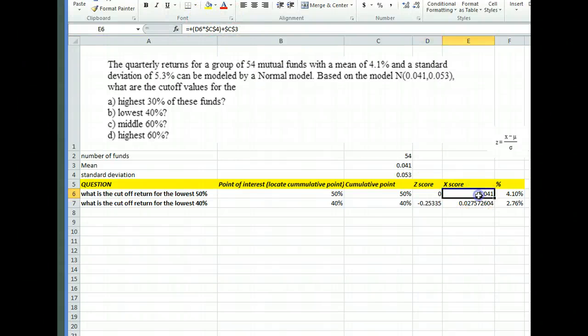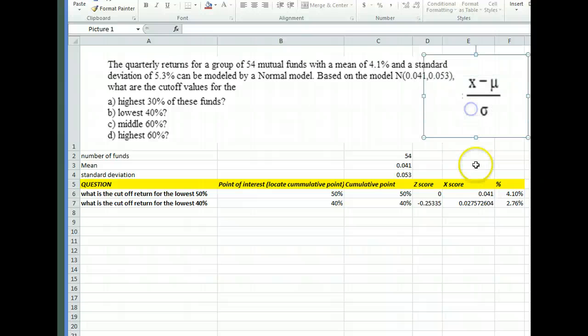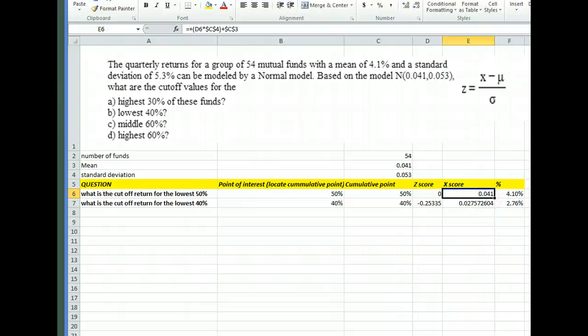You translate it to x using this formula here, you transpose in for x. So we know that x is going to be 0.041, and translating that into percentage, you get 4.1%.